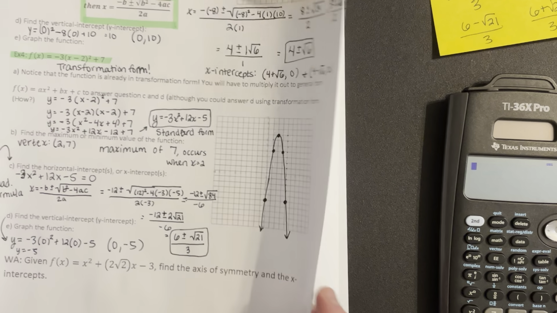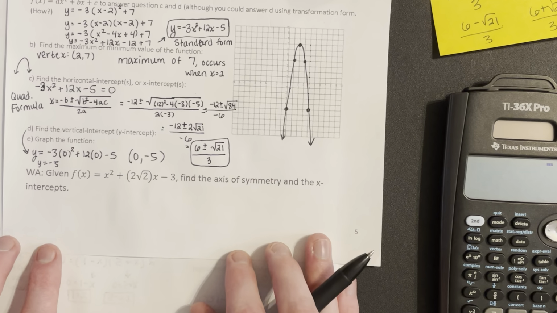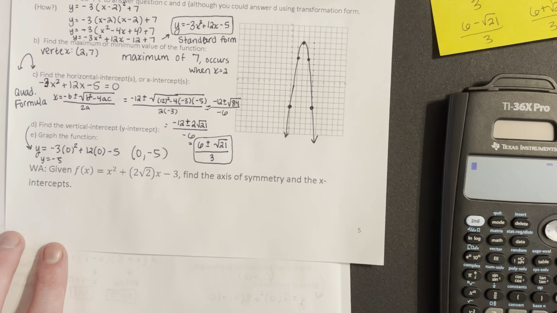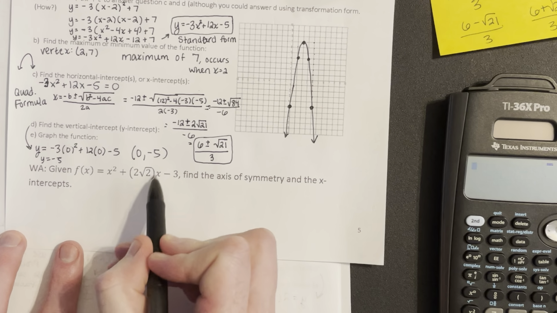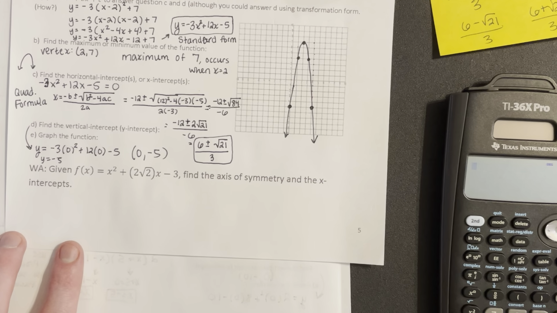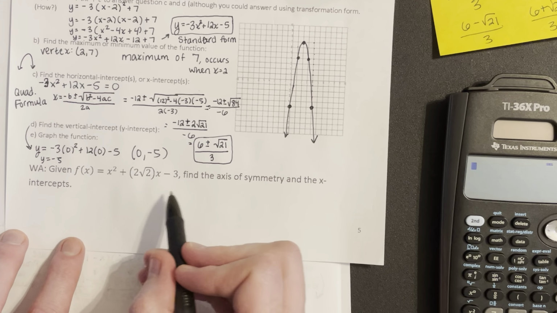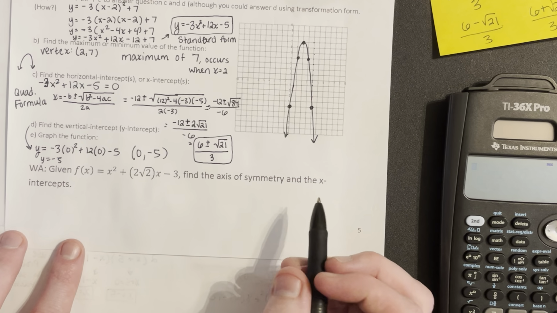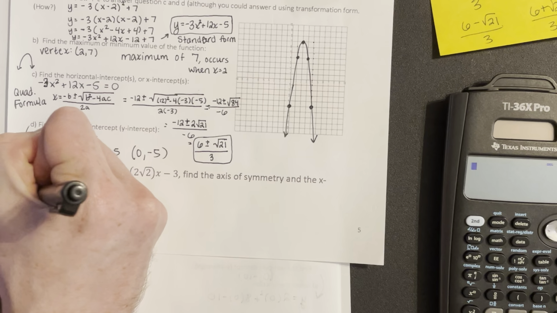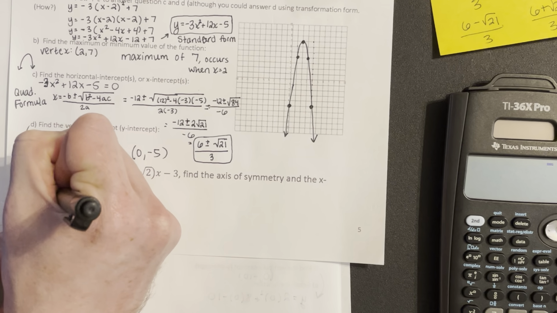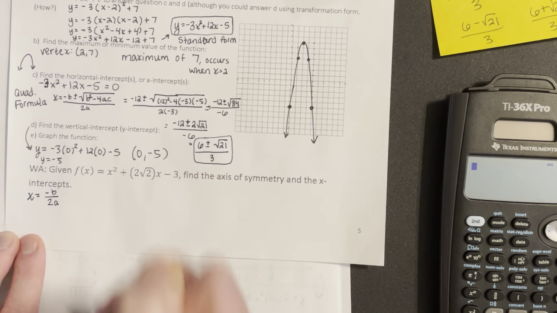The very last part of these notes, it's really just there because of something that you'll see in WebAssign, but it has some weird coefficients, and that's okay. Given this f of x, we want to find the axis of symmetry and the x-intercepts. The axis of symmetry is from that negative b over 2a.